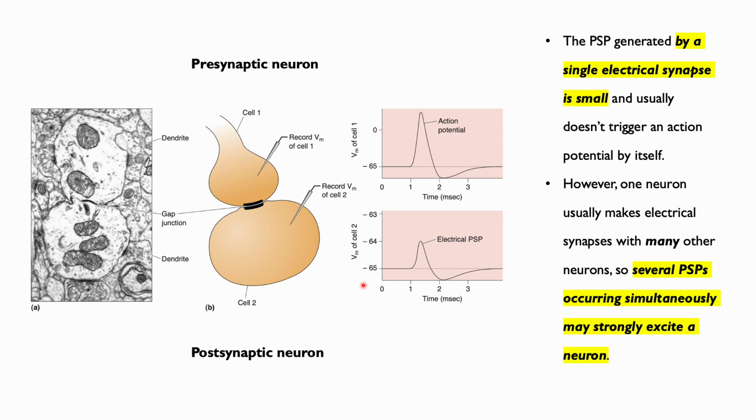So essentially, several PSPs that are occurring simultaneously may strongly excite a neuron, generating an action potential in which that neuron is going to become depolarized, and extracellular sodium will rush into the cell and generate an action potential.